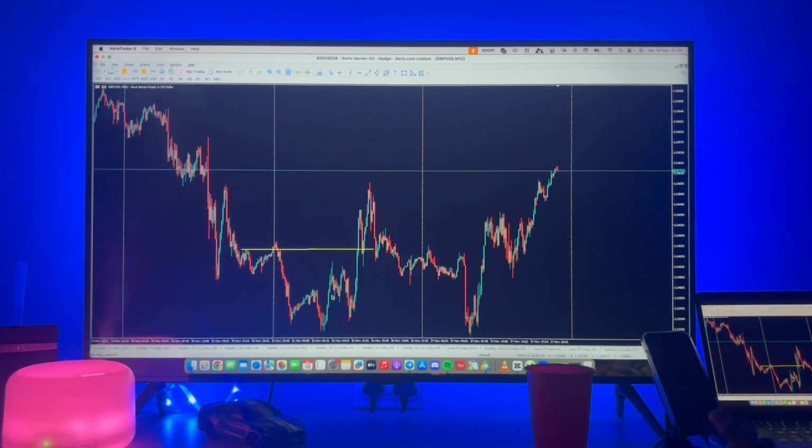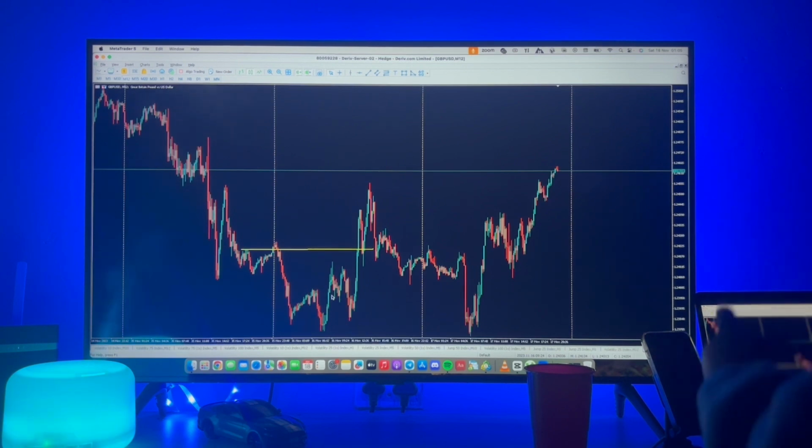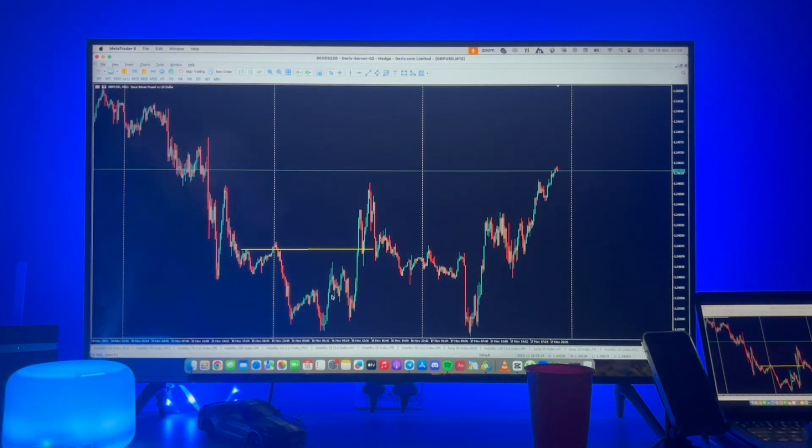I'm in South Africa. The Tokyo session here starts at 1 a.m. in the morning, the London session starts at 10 a.m. in the morning, and the New York session starts at 2 p.m. in the afternoon, right? So I know these by heart. I don't need any indicator. I just want to put it out there.